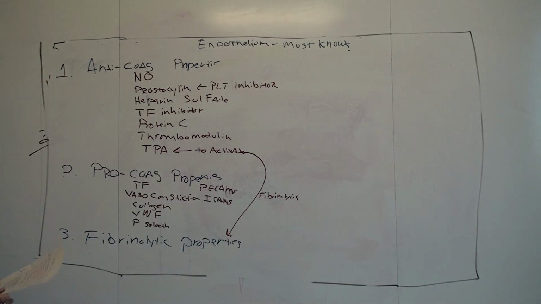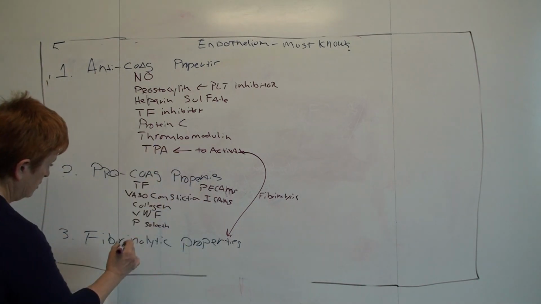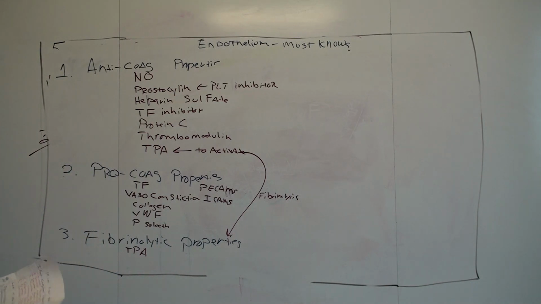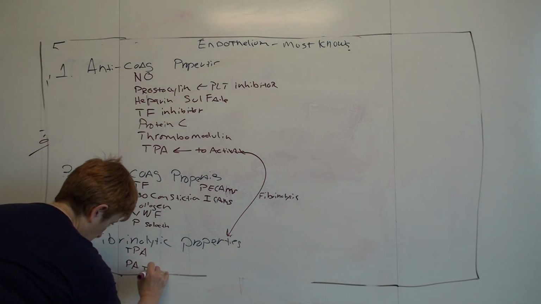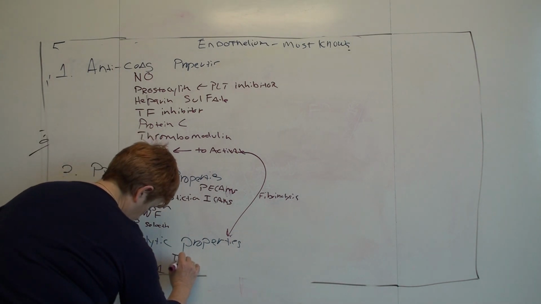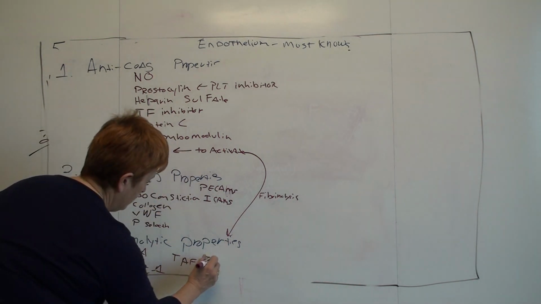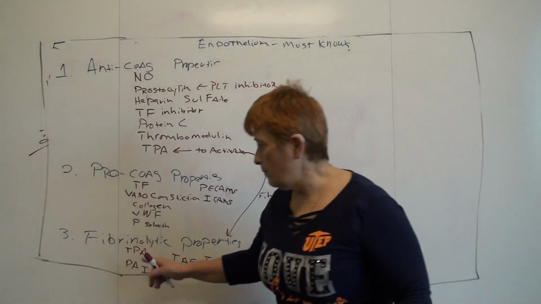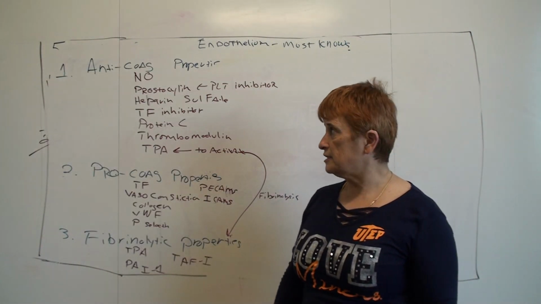And then your fibrinolytic properties, number 1 here goes back to tissue plasminogen activator, and PAI-1 and TAFI, which we will get back to when we talk about our fibrinolysis.